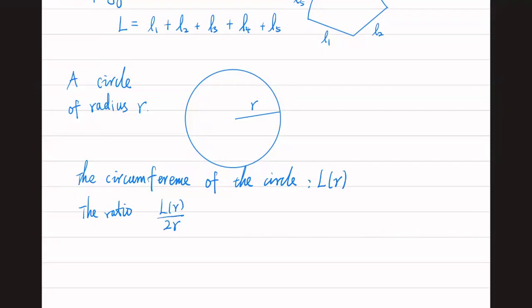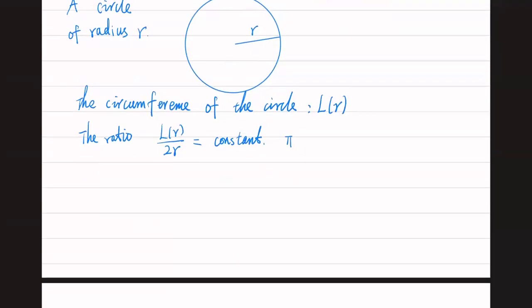So this ratio is constant. We will have a special letter for this. We're calling this pi. So with this formula, the length can be written as 2 pi r. So whenever we have the radius, we can use this formula to find the circumference of a circle.